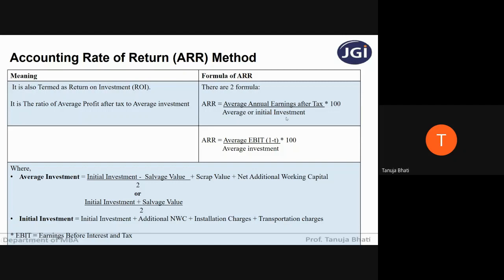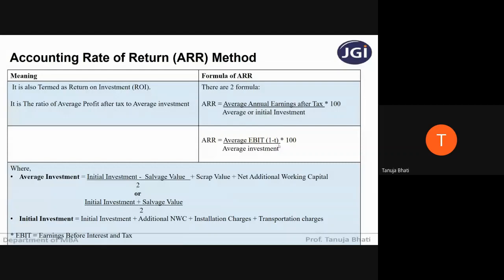So students, depending upon the information given in the problem, you can solve using any of these formulas which you like, because many authors in financial management have used either of them. Both formulas are okay, whichever suits the problem.